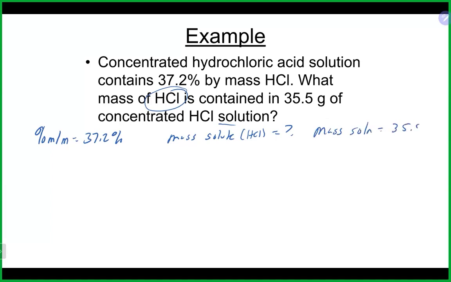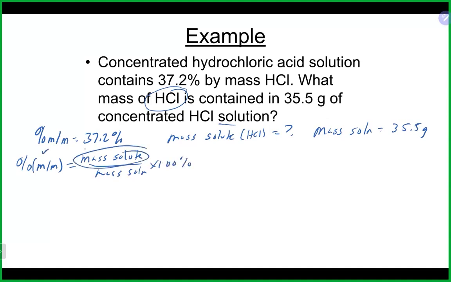which is 35.5 grams. Now, clearly, you can plug and chug into this equation here if you like and solve for what you are missing, which in this case would be the top there. That would be what you're missing.